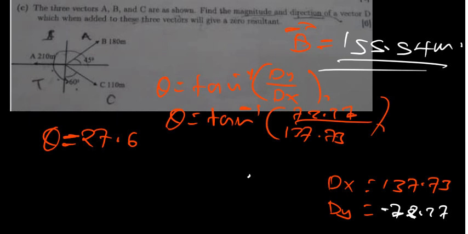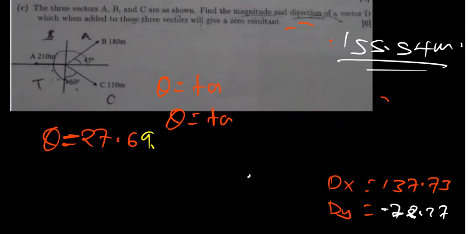Now guys, is this 27 the direction for D? Is this the direction they are looking for? We are saying that the x is positive, the y is negative. It falls in the fourth quadrant. If the angle is in the fourth quadrant, what do we do? 360 minus theta.